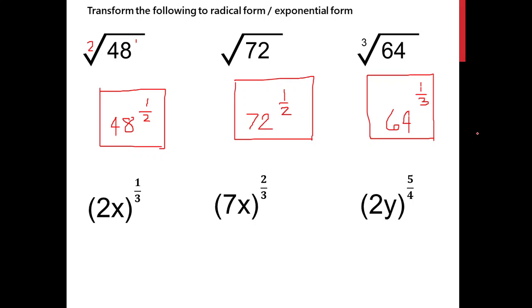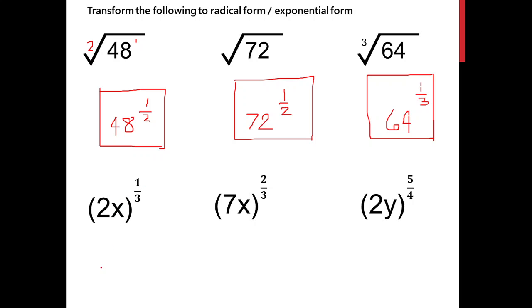Okay. Now what if it's the other way around? Transforming the exponential form into a radical form. So again, we all know that the base is the radicand. The denominator of the exponent is the index. The numerator of the exponent is the power of the base.